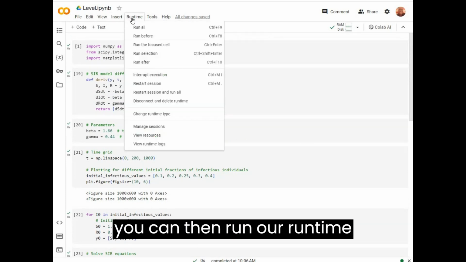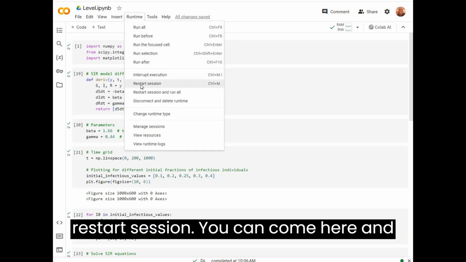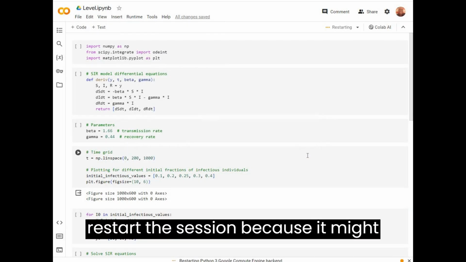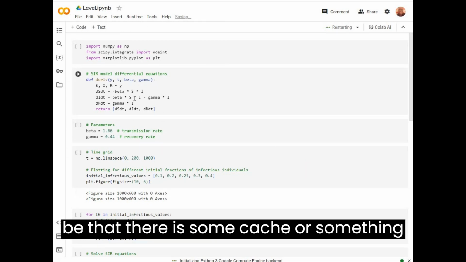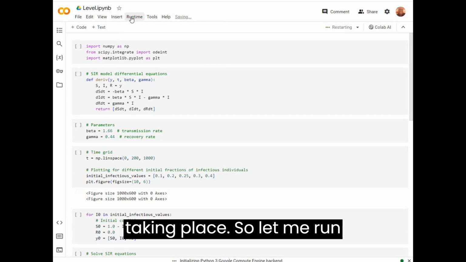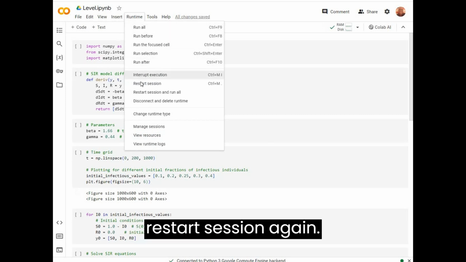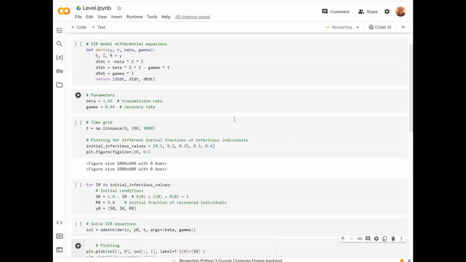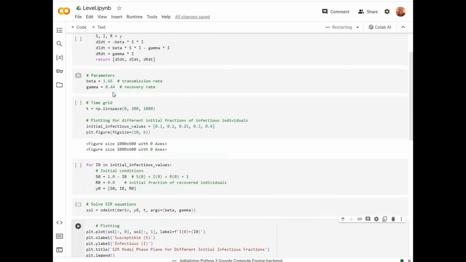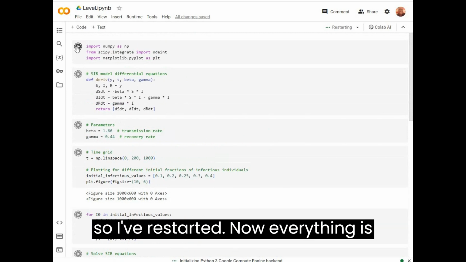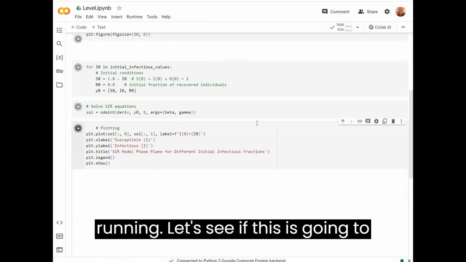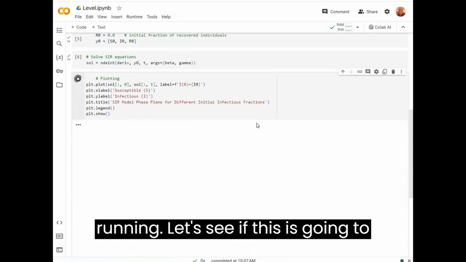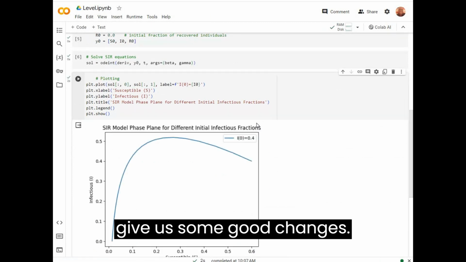You can go to Runtime and restart session, because there might be some cache or something taking place. So let me restart session and run all. All right, I've restarted that, and now everything is running. Let's see if this is going to give us some good changes.